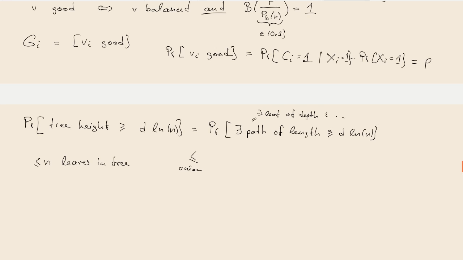But even if they are not independent, the union bound says we can still upper bound the probability by assuming they are independent. That was one of the very basic tricks, one of the basic inequalities that we had. And now we have reduced this to the probability that any specific leaf has a depth greater than this. And this is easier to handle because for a specific leaf, there's a specific path in the tree that we can follow.